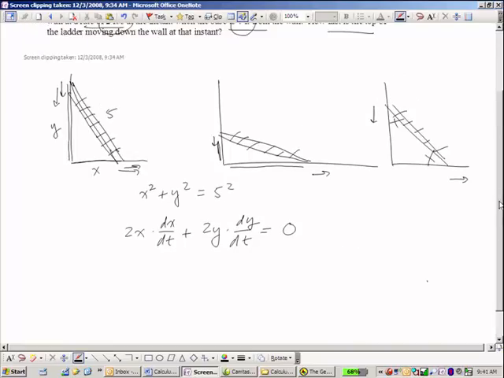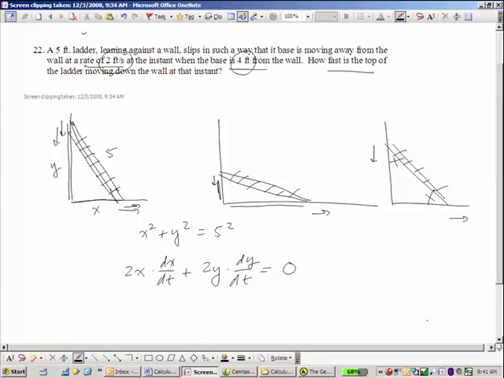And now I have to see what I know. All right. I know that the base, the bottom, is moving away 2 feet per second. What is that? Is that dx dt? Is that how fast this is moving? Yeah, I think so. So I know that this is 2.